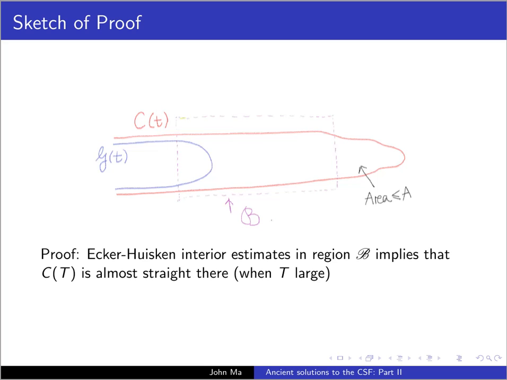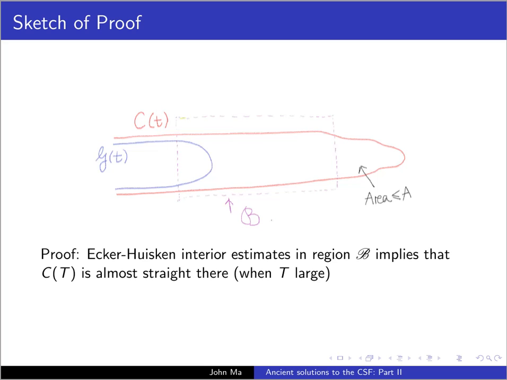This is a fixed rectangle B, with a graphical representation inside, and this is the region where we can apply the famous Ecker-Huisken interior estimate.